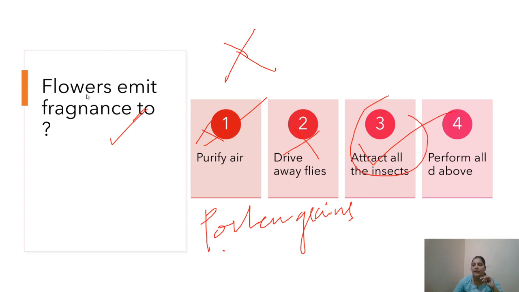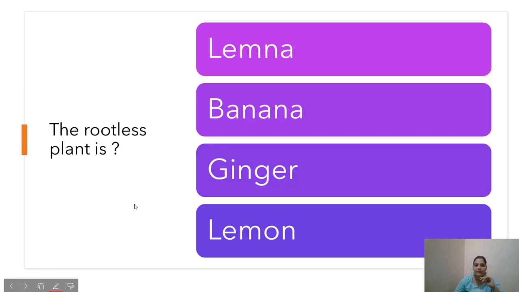Flowers emit fragrance to attract insects, so you might get confused with option 1, but it does not purify the air. So all of the above will not be the answer. We go with option 3, attracting insects.